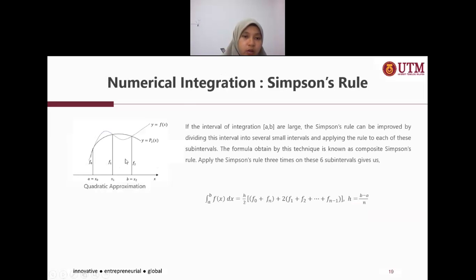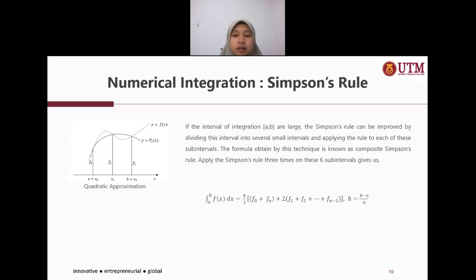As you can see on the left of the screen, we will see the figure of quadratic approximation. So we can get a better solution by dividing this interval into several small intervals and applying the rule to each of these subintervals.